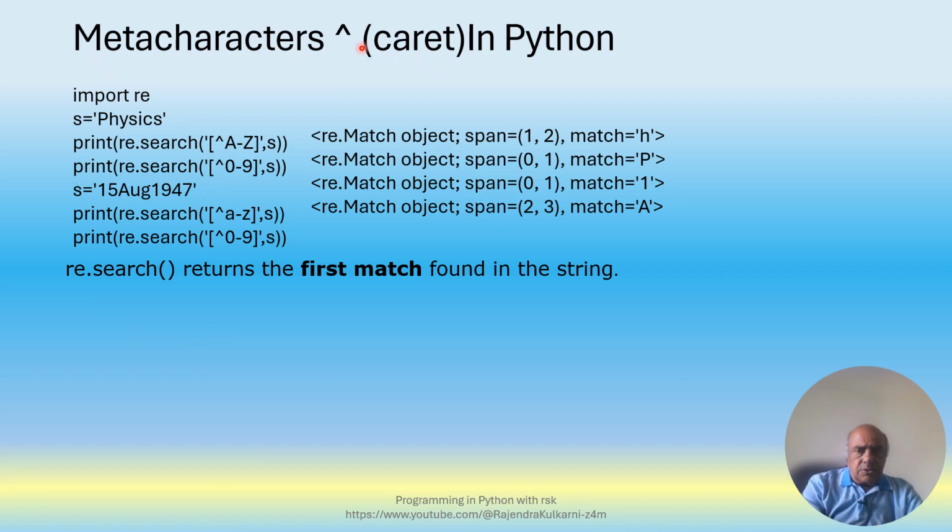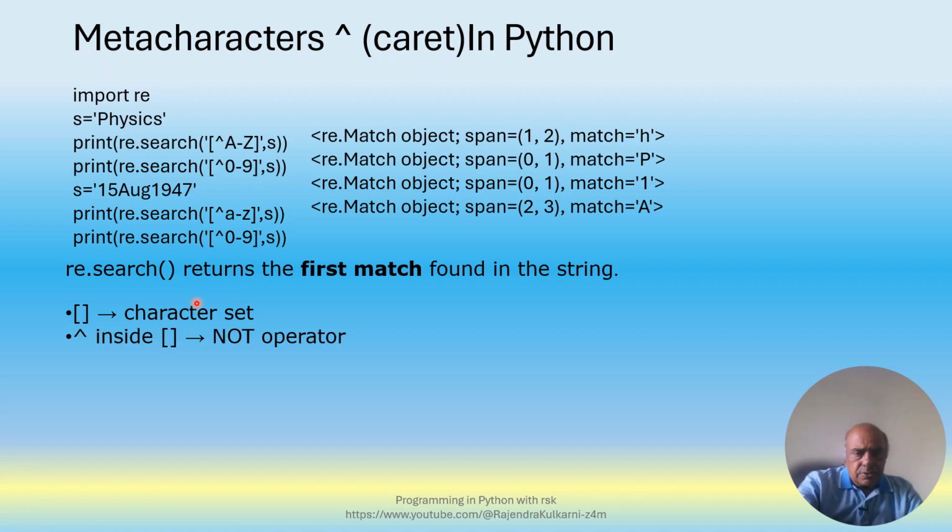To explain this caret meta character, we can understand that re.search returns the first match found in the string. Within the square brackets, we give a character set. Caret inside the square bracket works as the not operator.